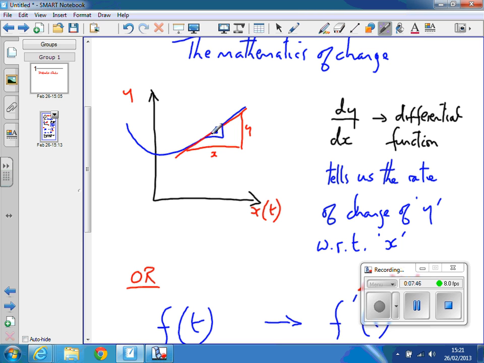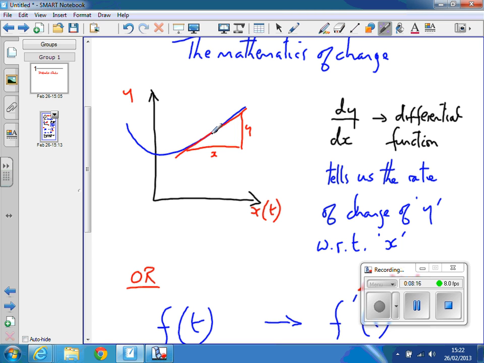And the rules that we're going to write down come from just exploring what happens as the triangle gets smaller and smaller. And differential calculus from first principles is in the textbook. So if you want to look at how we differentiate from first principles, how these rules that we're going to write down are arrived at, you can look at it. And it's all based around this idea of asking what happens as the gradient, or as these 2 points, as this triangle gets smaller and smaller and smaller.